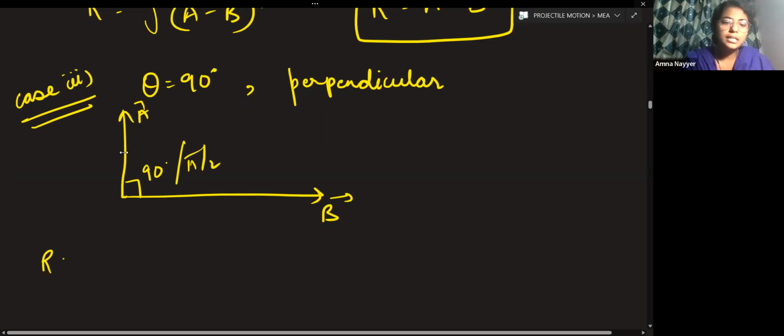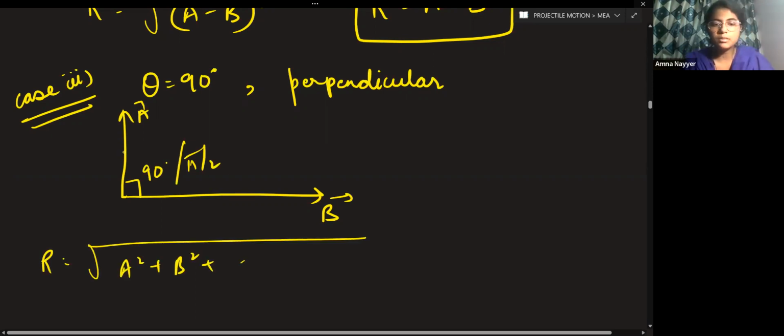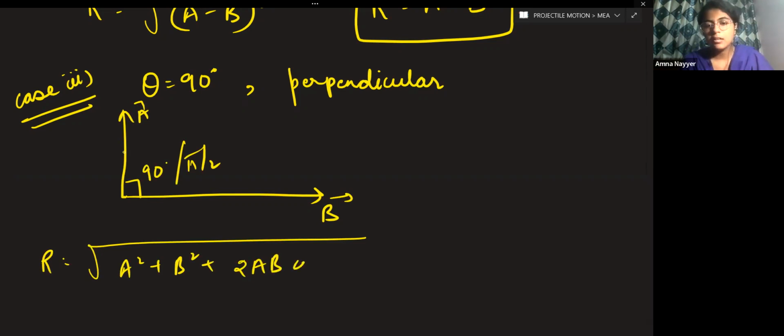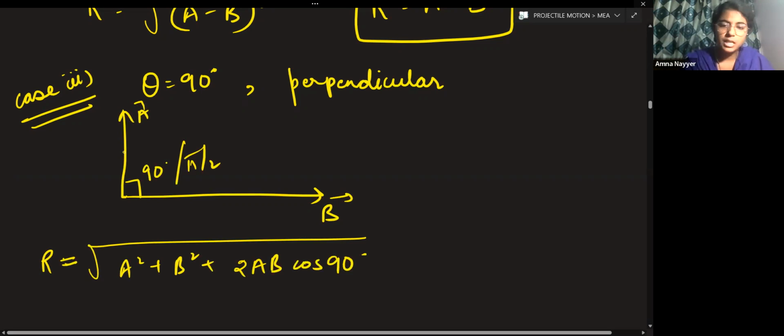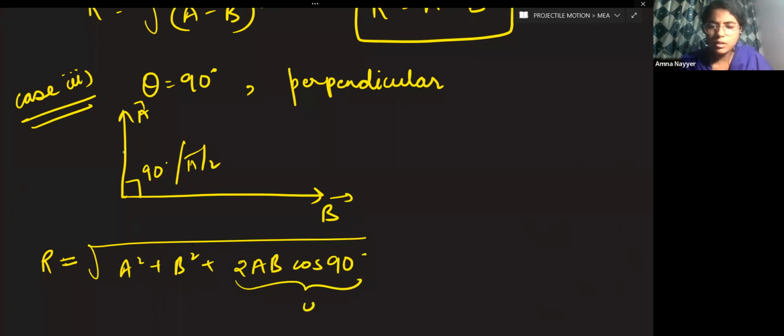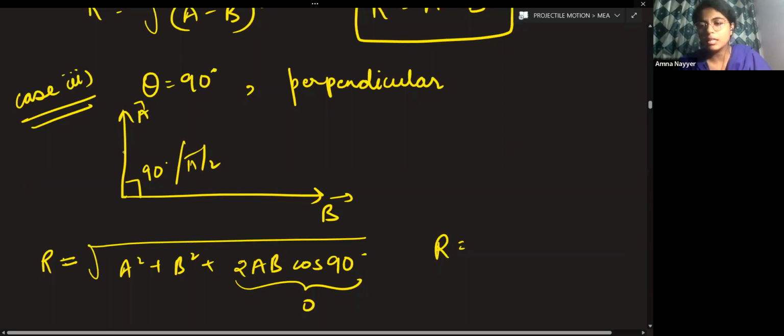Now see, under root A square plus B square plus 2AB cos theta, instead of theta write cos 90. So what is cos 90? Cos 90 is 0, so this whole term will be 0. What are you left with? You are just left with R equal to under root A square plus B square.